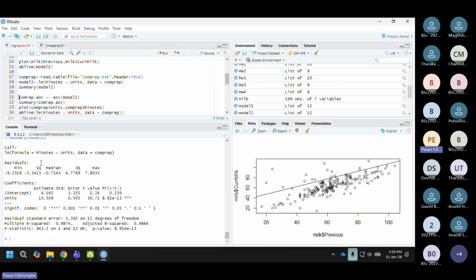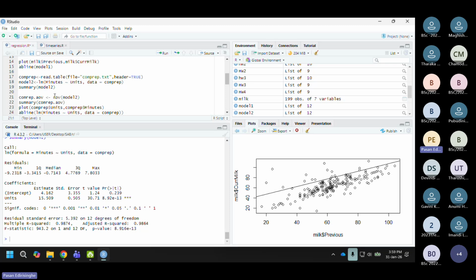Here we can see that the p-value is significant. And you can see that we don't need to look at the adjusted R square, we can look at the multiple R square. That is 98%, so that's a large percentage.